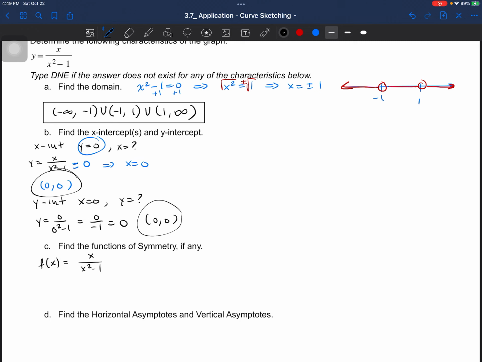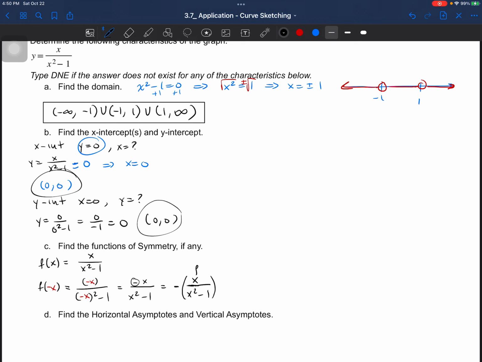Let's find whether the function has a symmetry or not. I remind you that what we did before is we take the original function and replace x with negative x. So negative x, negative x, negative x, and let's see what happens. On the numerator, we're going to get negative x. The denominator, negative x squared, is going to be x squared minus 1.